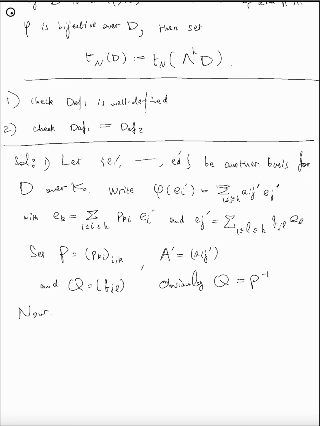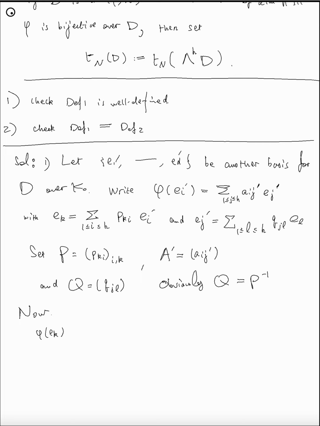Now let's compare. Compare what? On the one hand we have the determinant of A, where A is the matrix when we use the first basis.